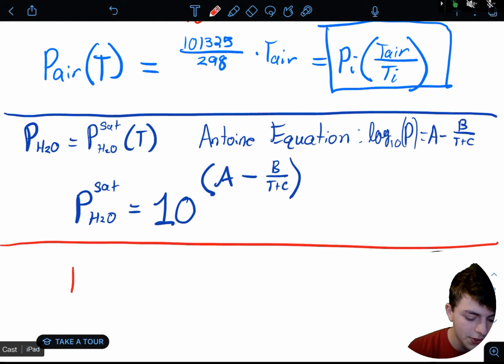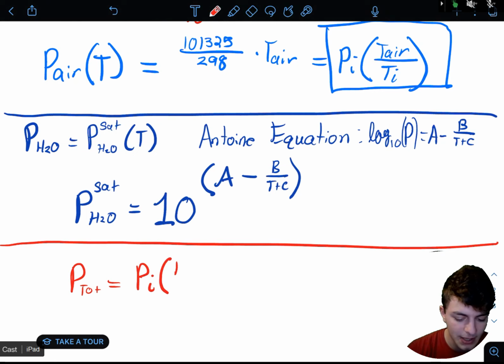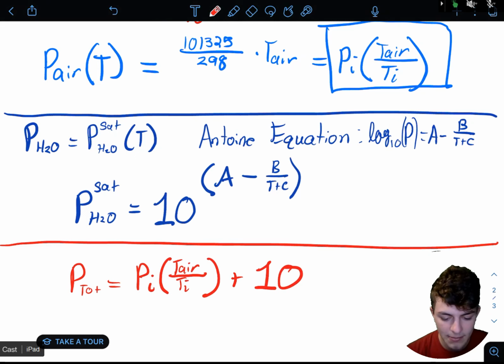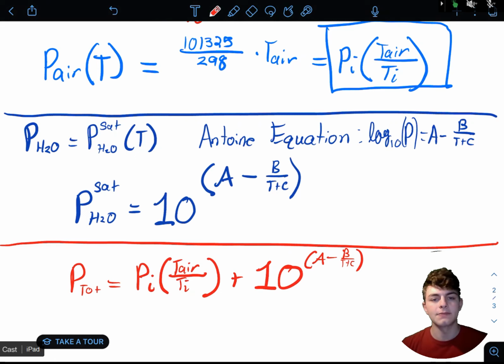The total pressure of the container, or P total, is going to be equal to the initial pressure of the air multiplied by the ratio of the changing temperature over the initial temperature, plus 10 to the A minus B over T plus C, which again is the saturation vapor pressure of water.